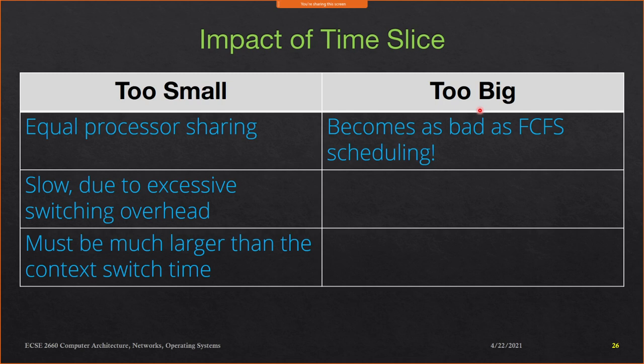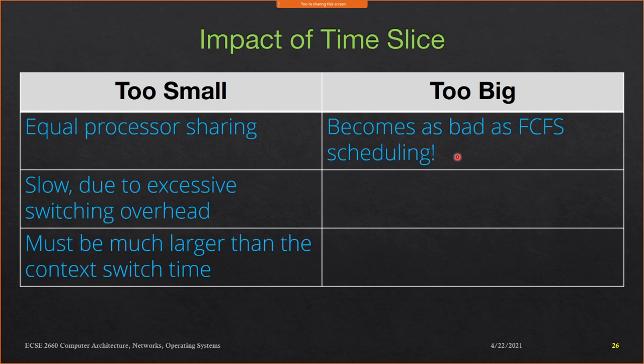But if it's too large, then it almost becomes as bad as the first come first serve scheduling algorithm, because then there's no real fairness. If it becomes too big, then you're allowing each process that came in first to end first, and it is going to tend towards a first come first serve scheduling algorithm, which has its own problems.